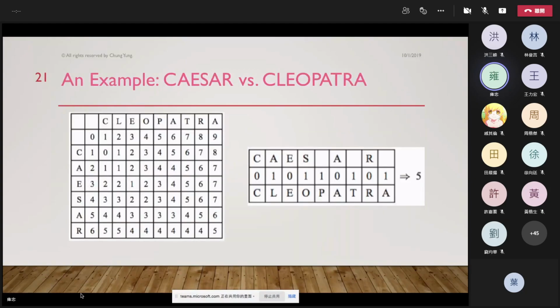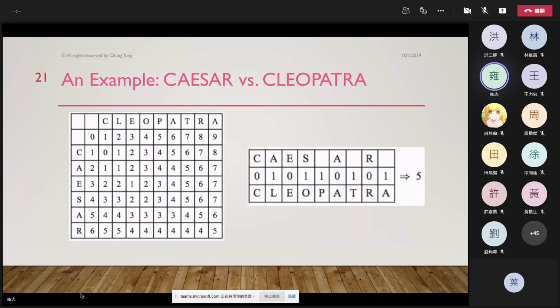Well, when you look at the definition, it is a little bit difficult to understand, but when you look at the example, it's easy. We need to compute the edit distance from Caesar to Cleopatra, the emperor of Rome and the queen of Egypt, right?